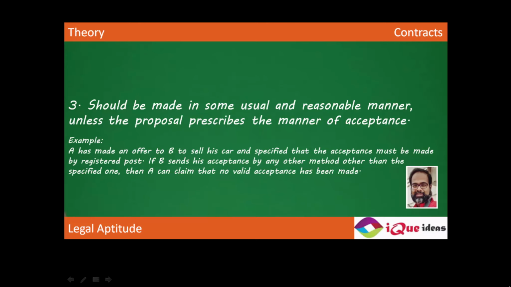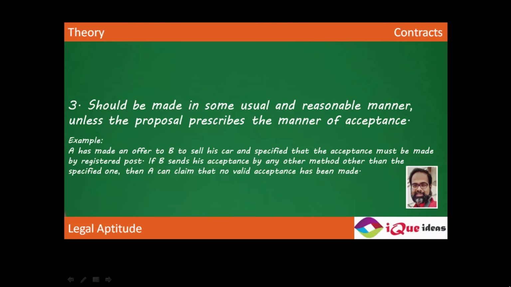Third, the acceptance should be made in some usual and reasonable manner, unless the proposal itself prescribes the manner of acceptance. For example, if A has made an offer to B to sell his car and specified that the acceptance must be made by registered post, then B has to make the acceptance by registered post.